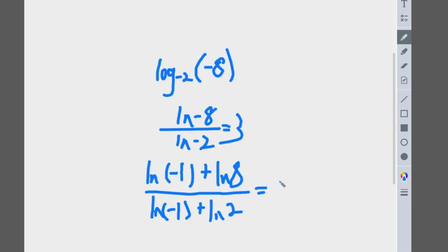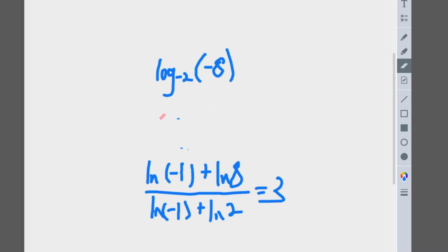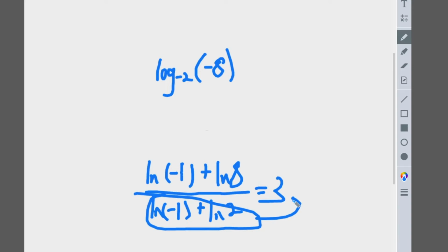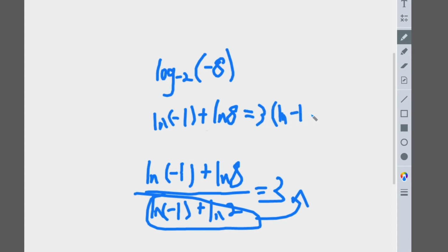That will give you 3. So now let's put this portion on top of here. We have natural log of -1 plus natural log of 8 gives you 3 times natural log of -1 plus natural log of 2.